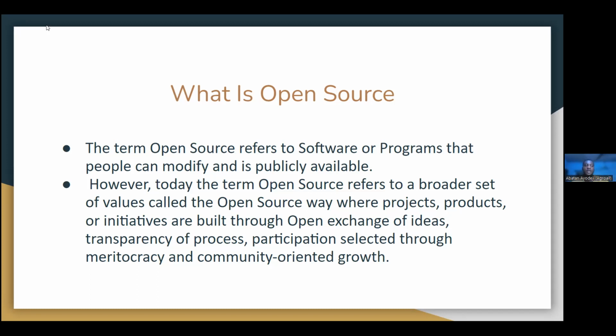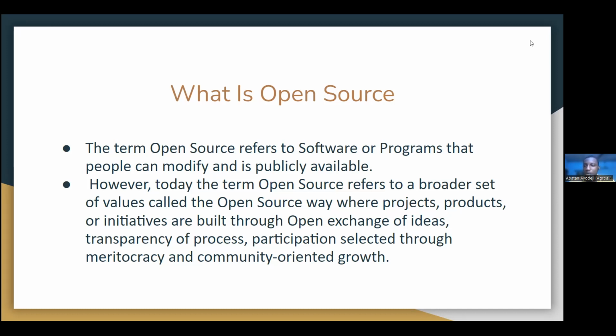So this builds upon the idea that open source is an alternative method of building a project or a product, whereby the product is maintained and built by people that have been chosen because of the merit of their work and have decided to contribute their time to this initiative.